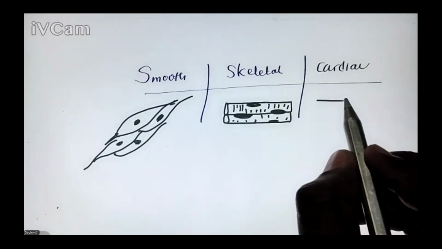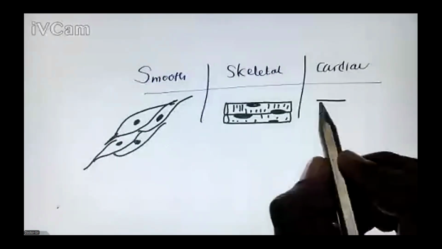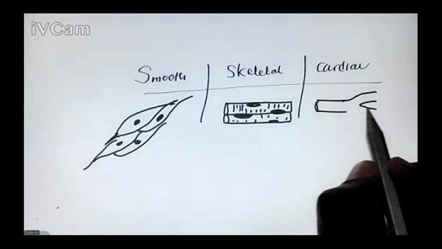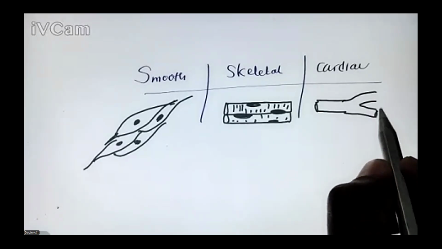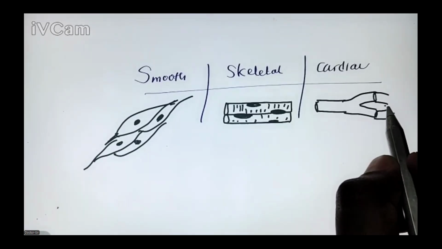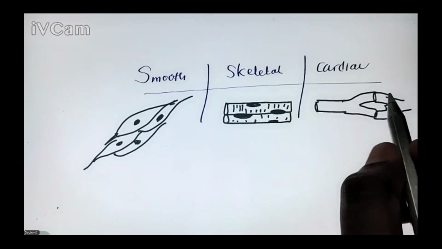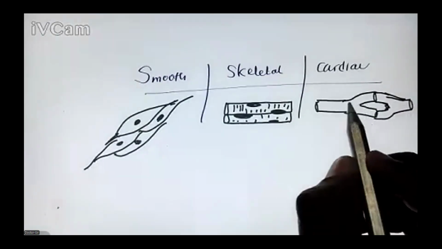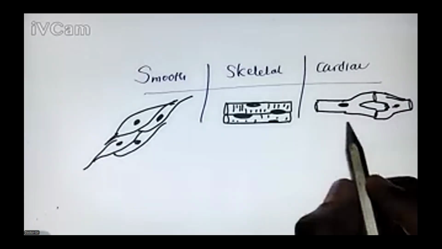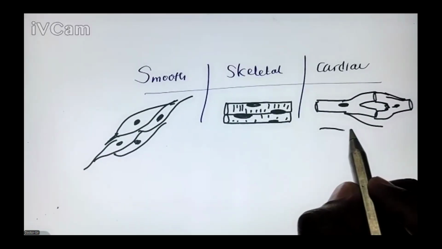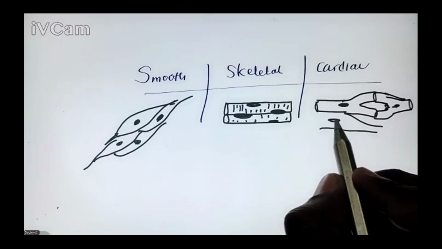And cardiac muscle tissue is also striated, but the special thing is it is branched. Branched tissues. Now it has a nucleus. Other cells we can also draw here.